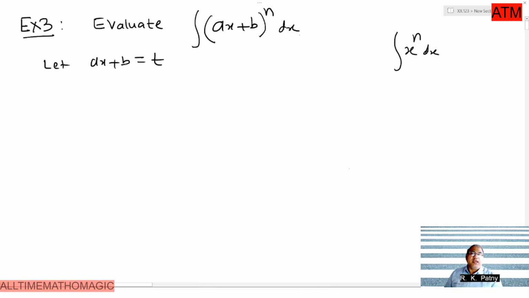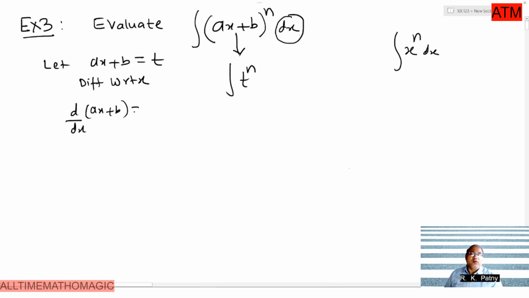As soon as you put ax plus b equals t, what will happen? This will become t raised to n. But the dx is also present, so we have to convert dx to dt. How will you convert? We have ax plus b equals t; differentiating both sides with respect to x, the differentiation of ax plus b with respect to x equals dt by dx.